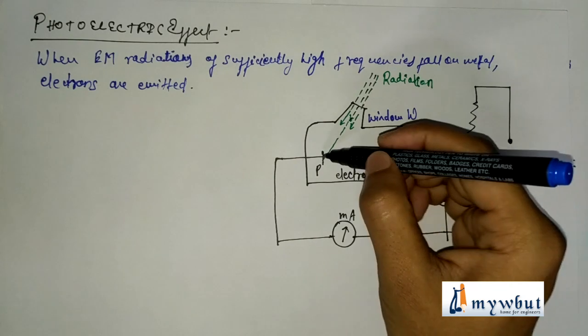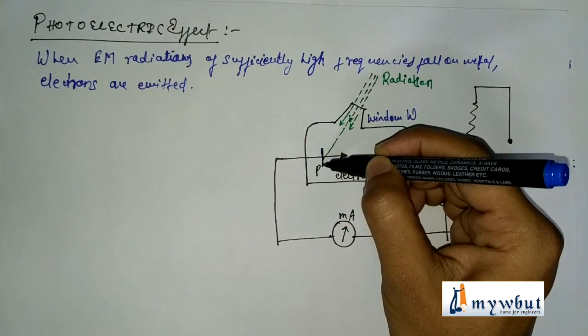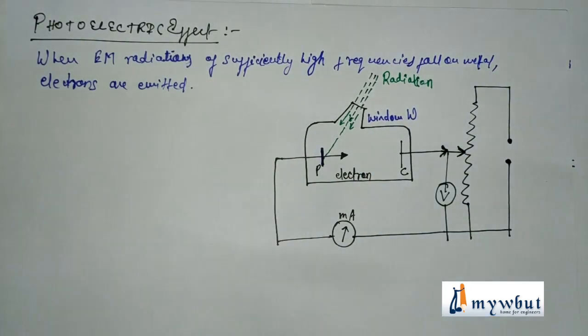So you can see I have drawn here, this is the metal plate P. So when due to the striking of light, the electrons get enough energy and get excited, the electrons are emitted in this direction. This phenomenon is known as the photoelectric effect.